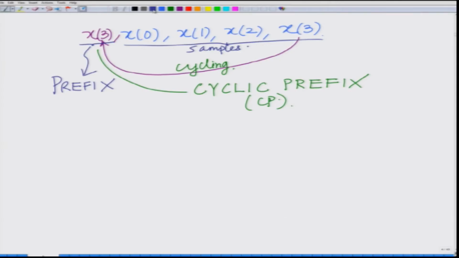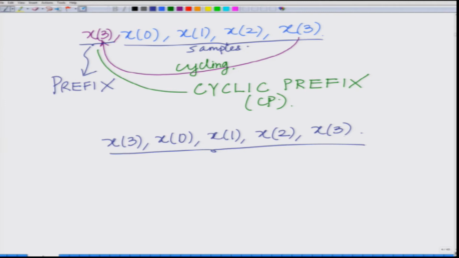So, now after addition of the cyclic prefix, we have the samples x0, x1, x2.